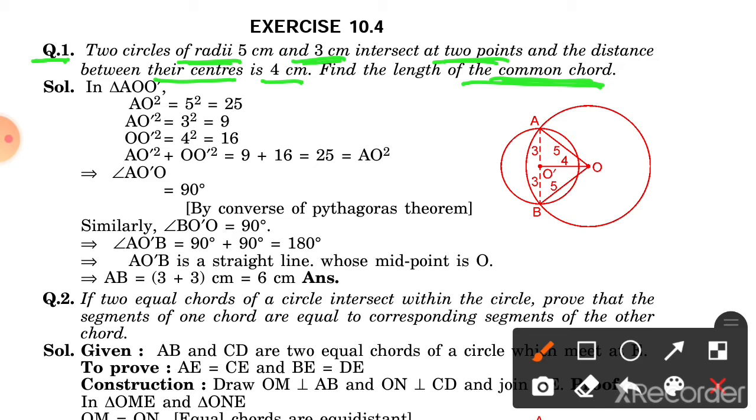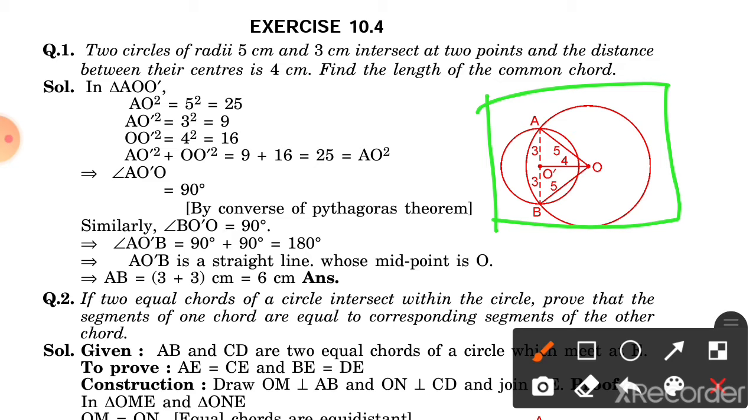Correct? So according to the question, first we have to draw the figure. So in the diagram, see here, the figure looks like this. First, this is the 3 centimeter radius circle, and this is the 5 centimeter radius circle. Correct? So see in the diagram, this is your triangle.